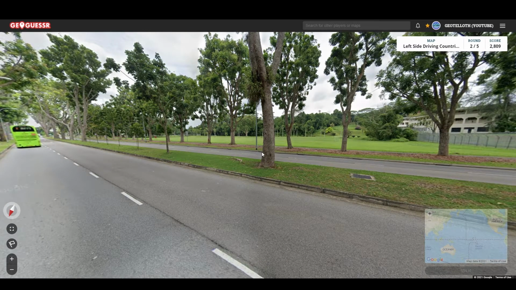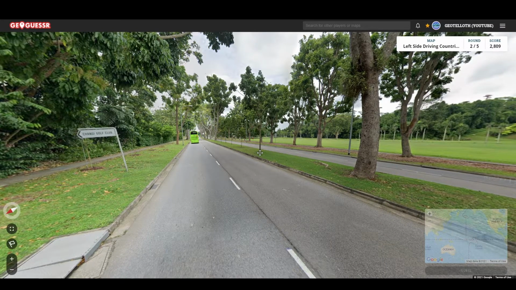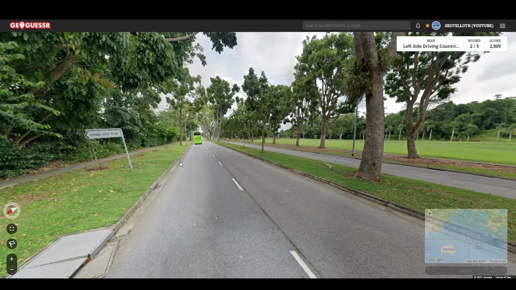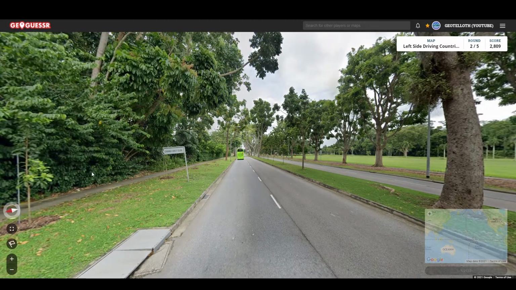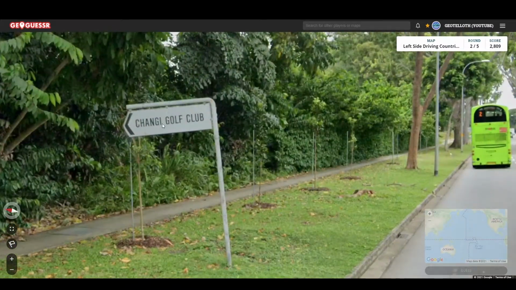Another way to distinguish is that I think Singapore specifically uses quite a lot of yellow road markings. And also you will notice there will be some Southeast Asian sounding names, even though everything's in English or in sort of Latin alphabet.